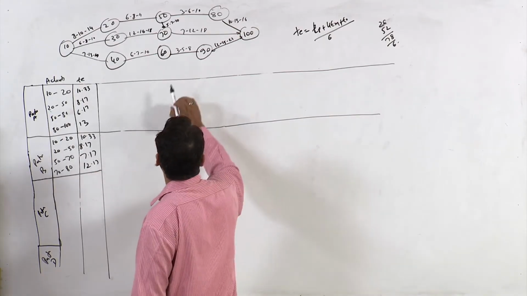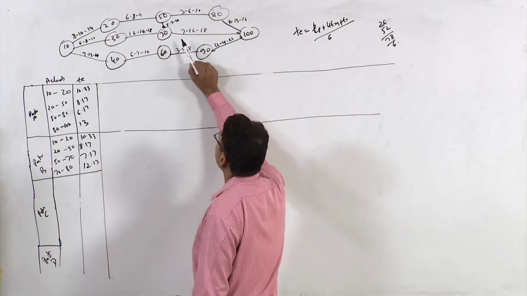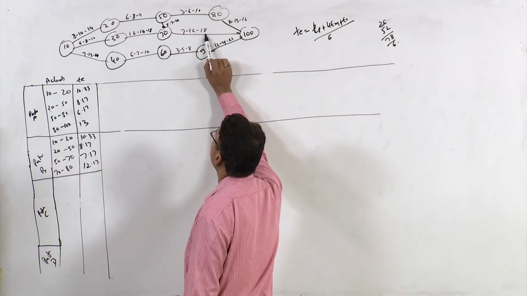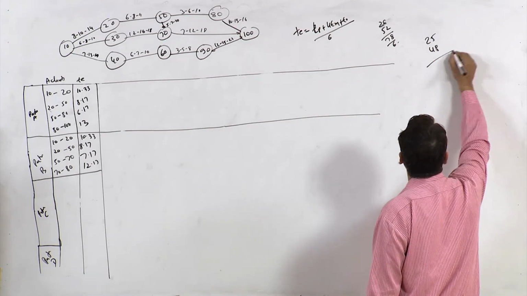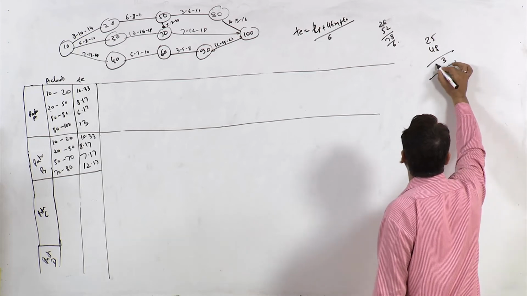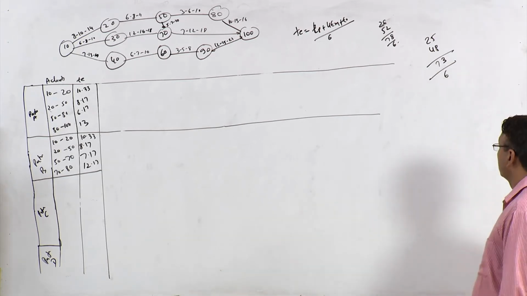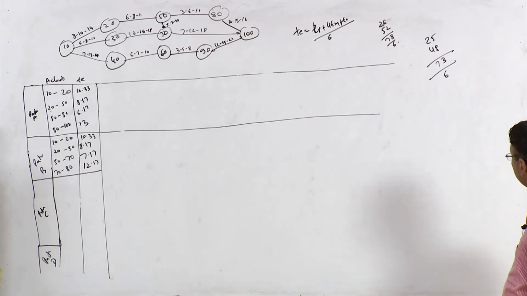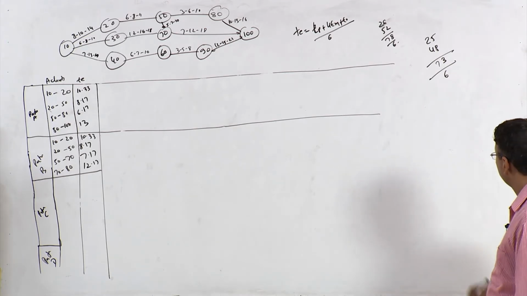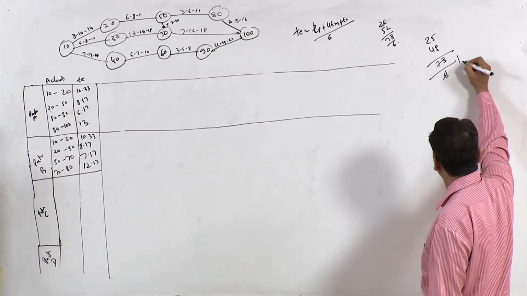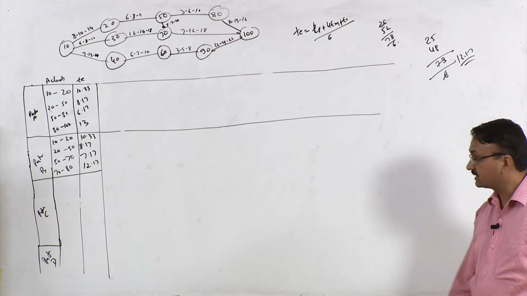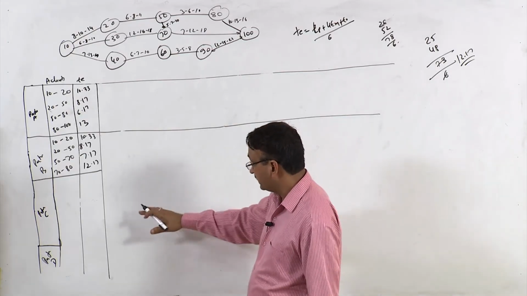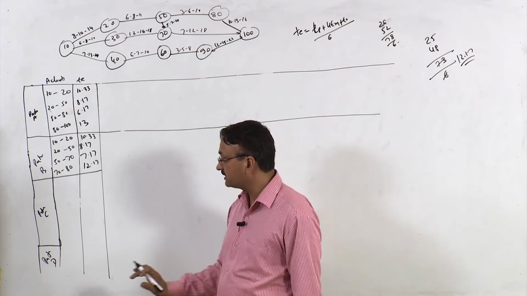So 7 plus 18 is 25, plus 48 is 73, divided by 6. So this would be 12.17, yeah, right.